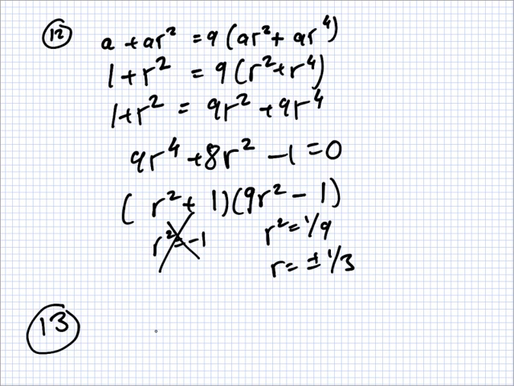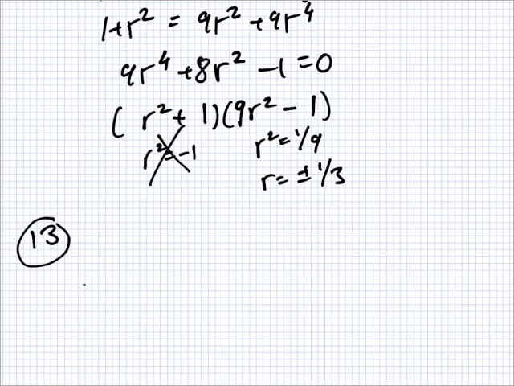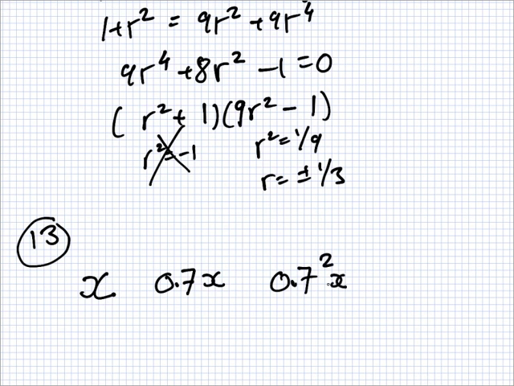Okay, so let's call it X for the number of people who click the first link. How many click the second? It will be 0.7X, because it's 0.7 of the first. How many click the third one? It'd be 0.7 multiplied by the second one, so it's 0.7 squared X. And this continues forever, practically.